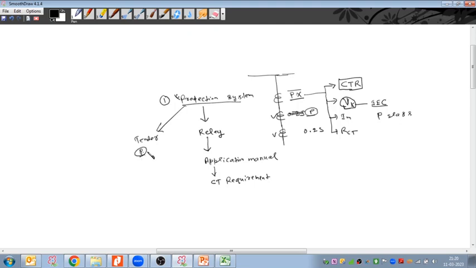From that we can understand the protection system requirement. Yesterday we referred to the PGCIL control and protection technical specifications given by Power Grid to all the contractors, and from that we understood what kind of protection system is required by Power Grid. Based on that we selected the relay, application manual and CT requirement formula. We need to check there.